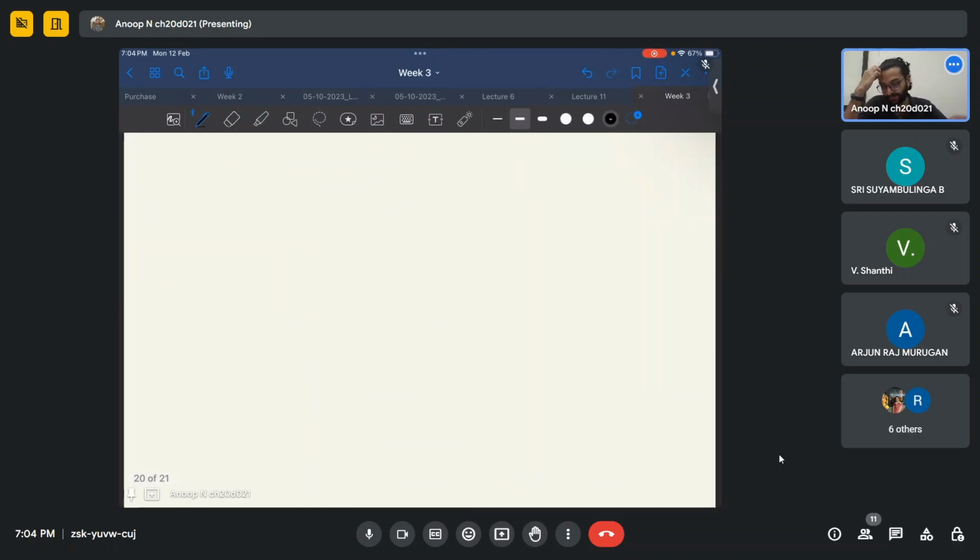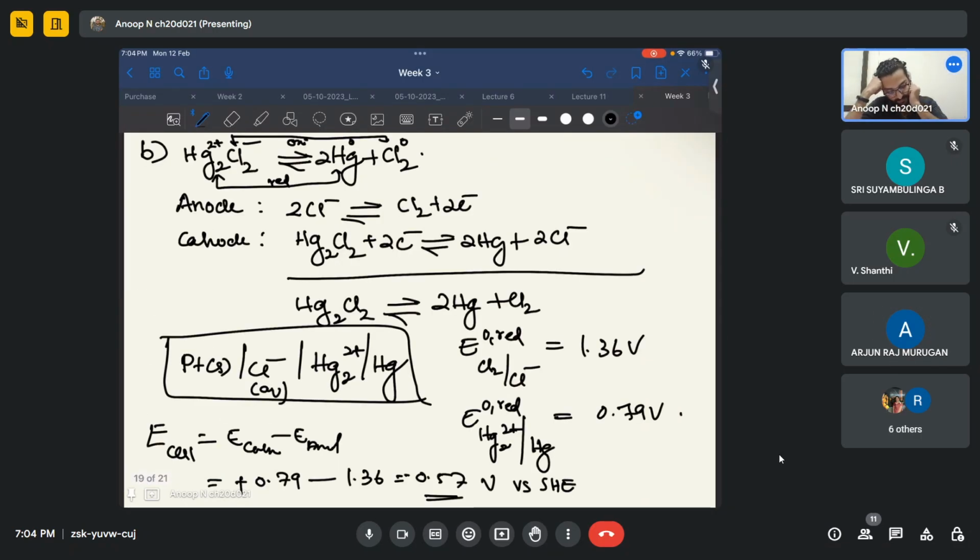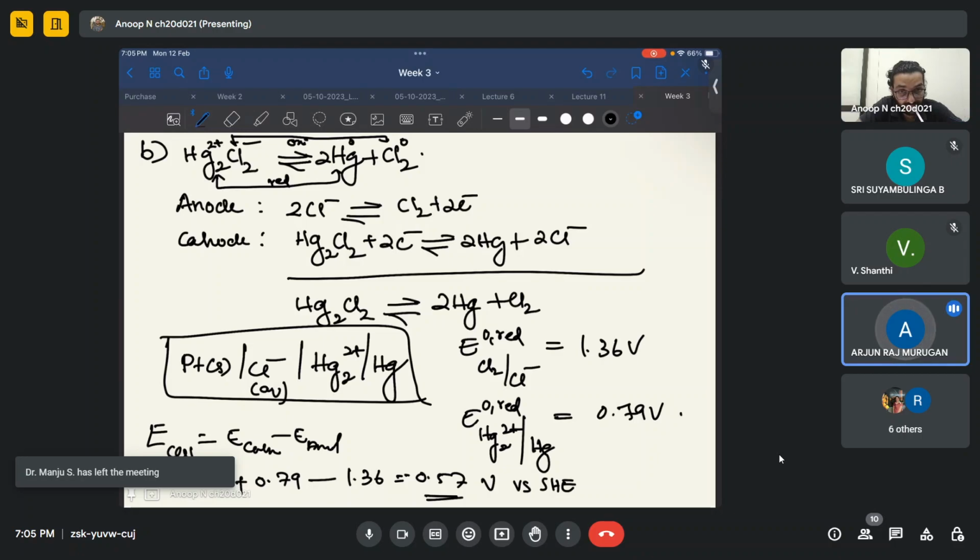Is it okay? So now I want delta G0 equal to minus nF into E0.